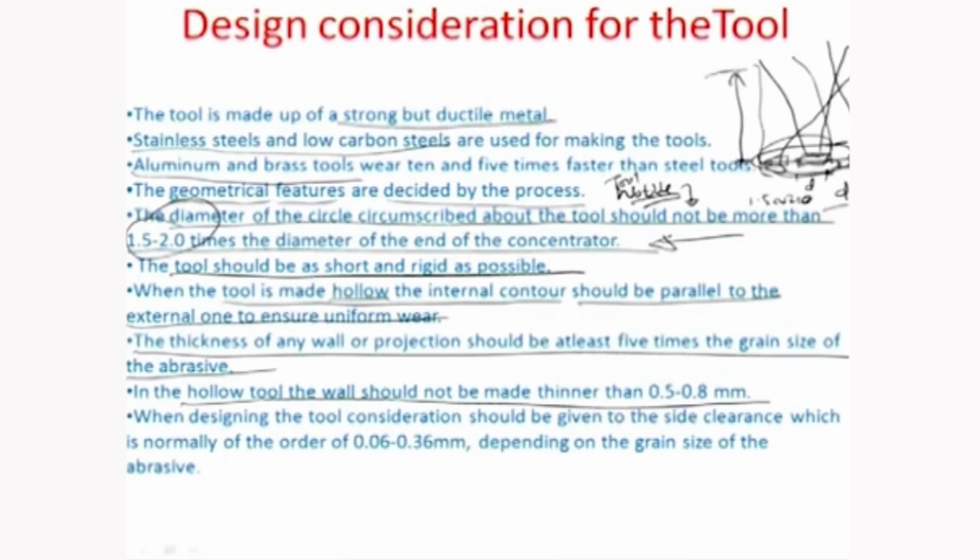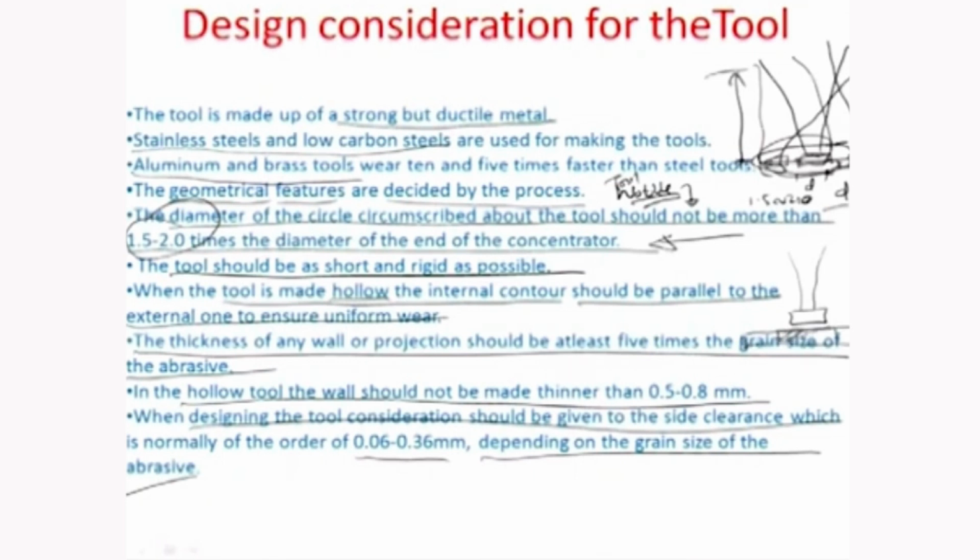When designing the tool, consideration should also be given to side clearance, which is normally of the order of about 0.06 to 0.36 millimeter, and this depends on the grain size of the abrasive. Let us say this is the tool, and the hole you are about to make in the workpiece is slightly larger, as you can see here.